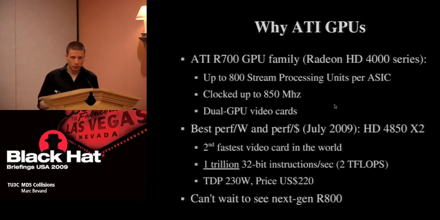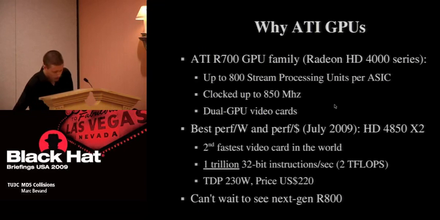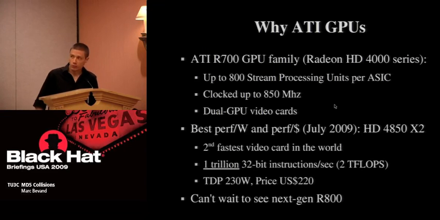It costs about $200 and consumes about 230 watts of power at full load. And the next ATI generation is going to be the R800 series, which is going to come out in 2 to 3 months. I'm really impatient to see what these are capable of, but according to the latest rumors, these R800 chips might provide up to 2 or 3 times more performance than R700.